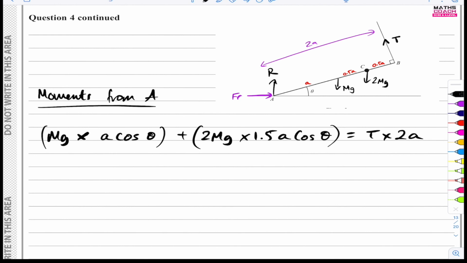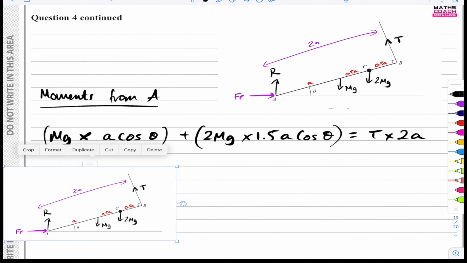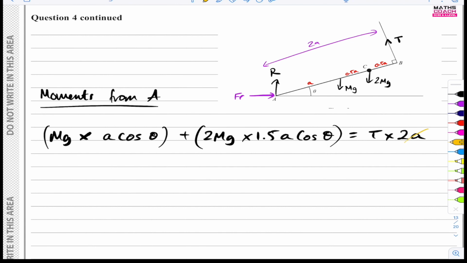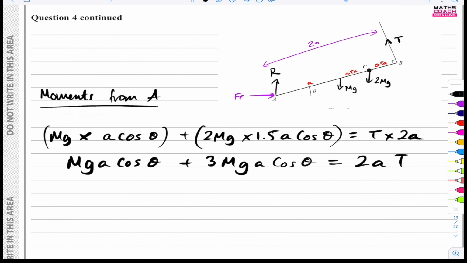If we go ahead now and simplify things, we can actually divide by a here. Look, everything's got an a. In fact, no, before I divide by a, let me just tidy up so that you can see it properly. So mga cos theta plus 2 times 1.5. What's 2 times 1.5? It's 3, yeah? So 3mga cos theta is equal to 2aT. So look, cancel out the a's here. That's gone.